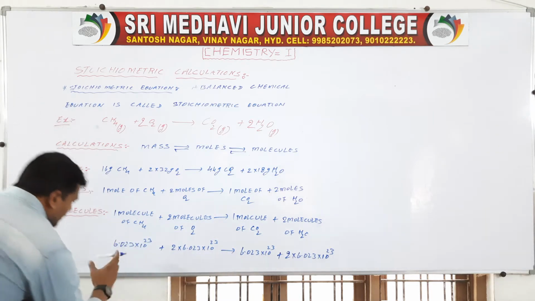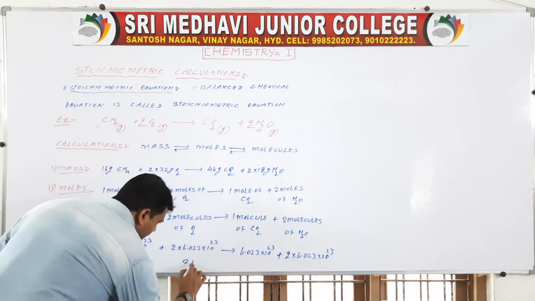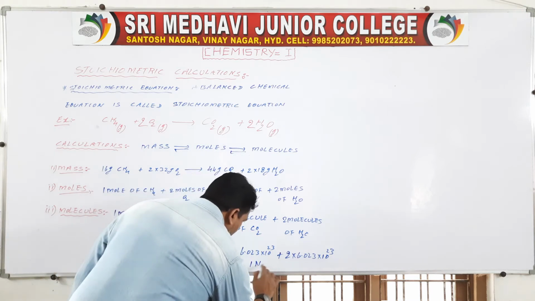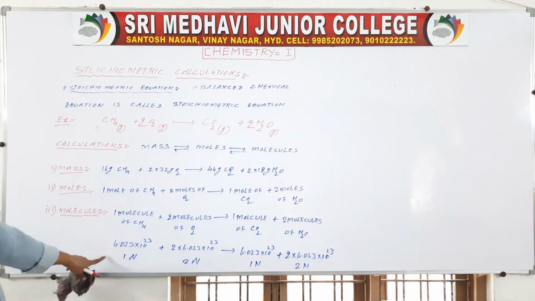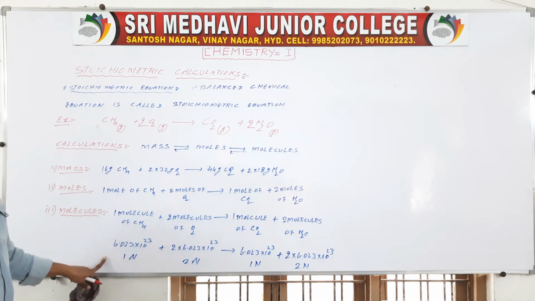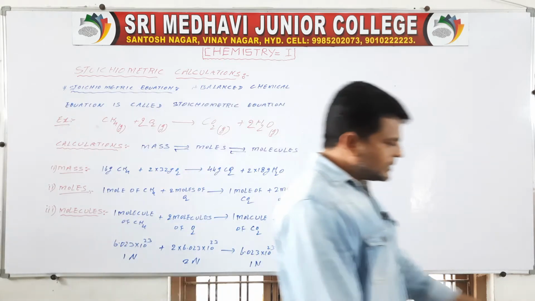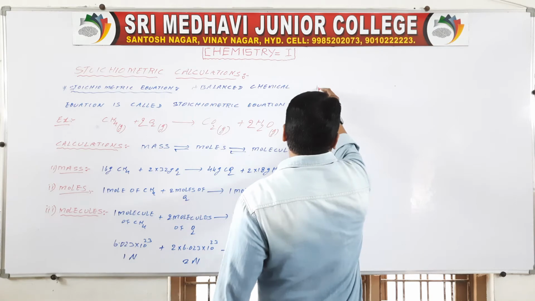It is 1 Avogadro number, it is 2 Avogadro number. It is 1N, it is 2N. It is nothing but the number of particles. Then the fourth one, volume.